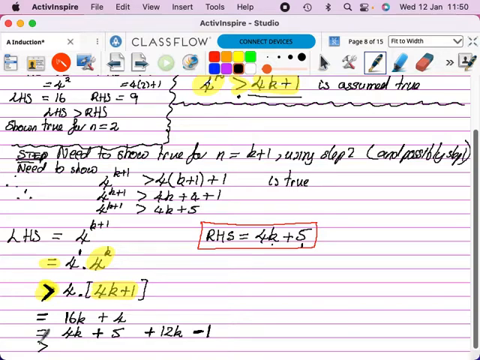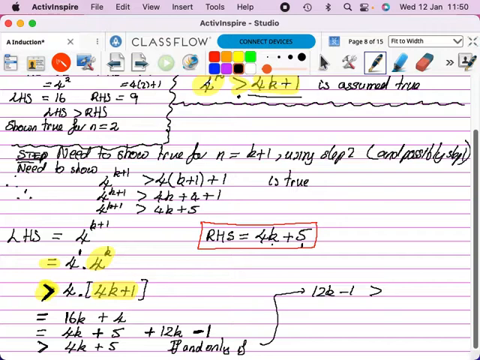I know mathematically that 4 to the k plus 5 plus 12k minus 1 is definitely bigger than 4k plus 5 if and only if, we haven't heard that expression in a while, if and only if the 12k minus 1 is bigger than, well, what's it got to be?